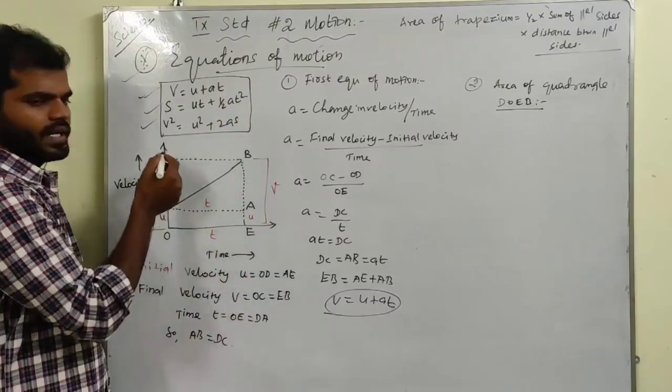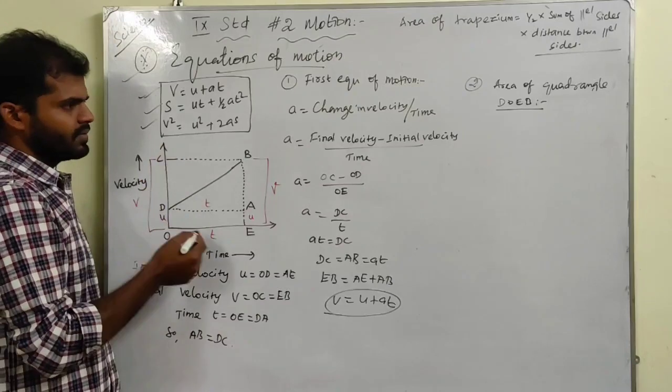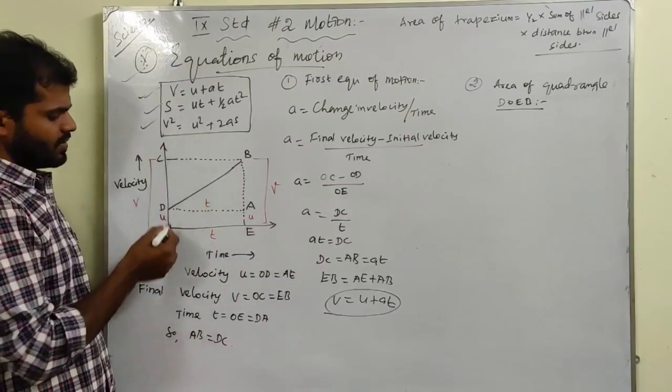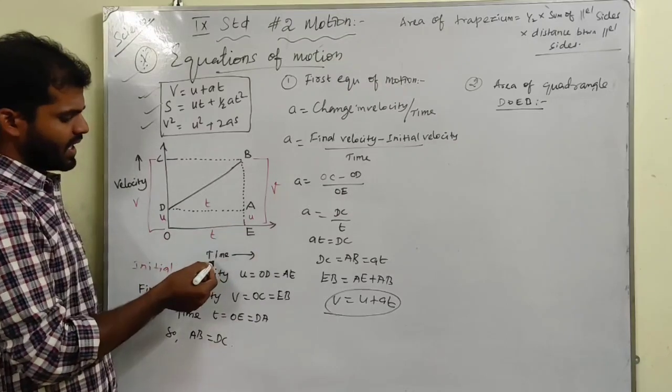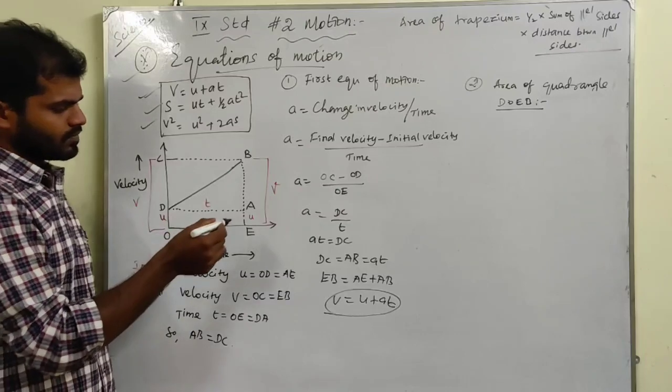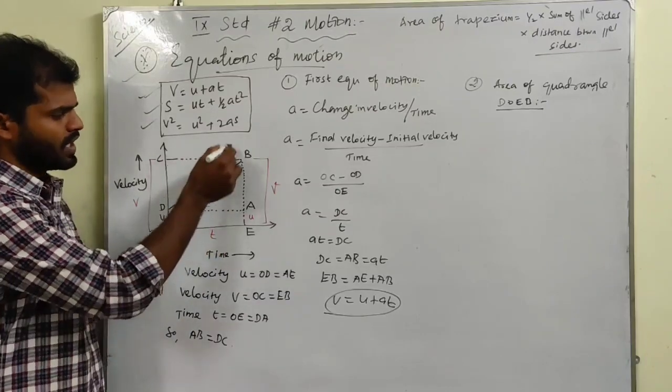First of all we have to take the graph that we saw in the last session. The x-axis should be time and the y-axis velocity. Now we have to plot the points and mark this diagram.